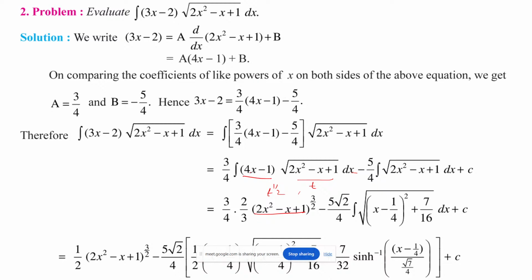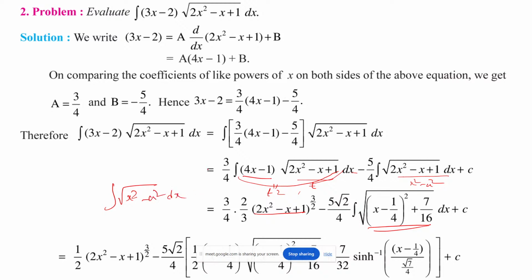This is plain polynomial integration. After that, this again you can express in the form of x square minus a square, for which you have a direct formula. Understood? The integral of square root of x square minus a square, you already know.